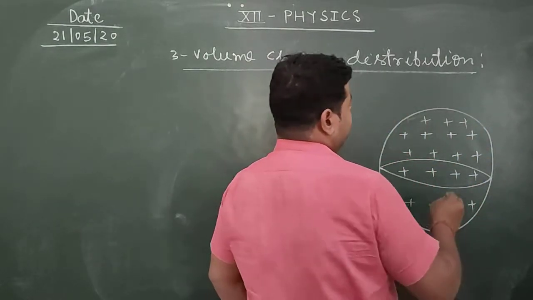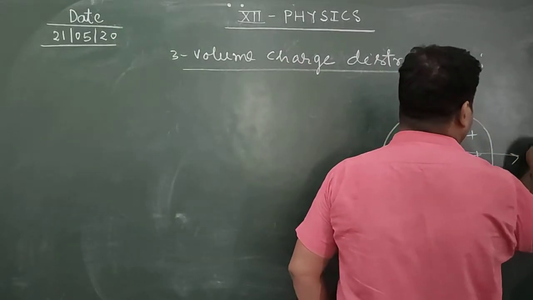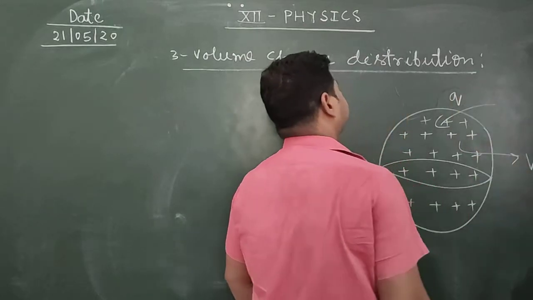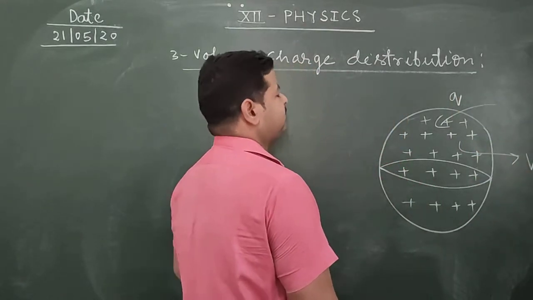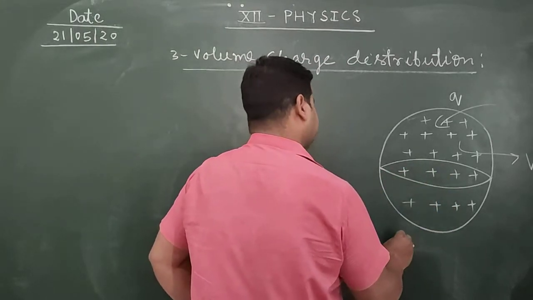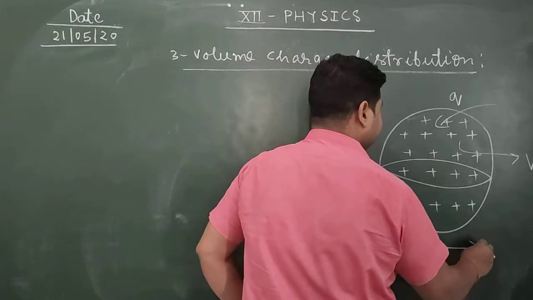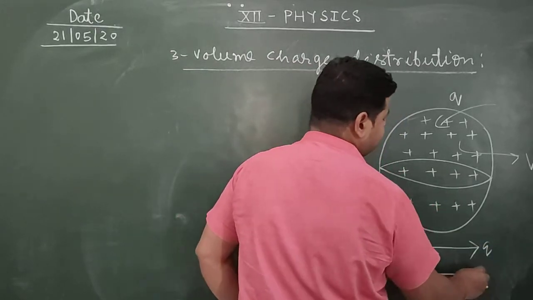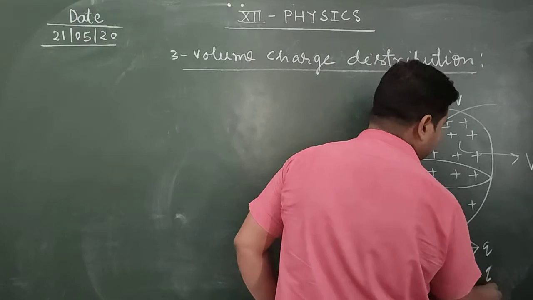So let us assume that the volume of sphere is V and charge given to sphere is Q. So what amount of charge in the volume? So in volume V, charge given to the sphere is Q. So per unit volume charge is Q by V.